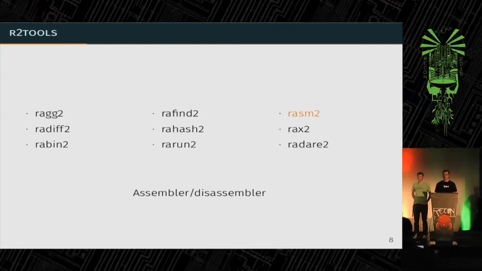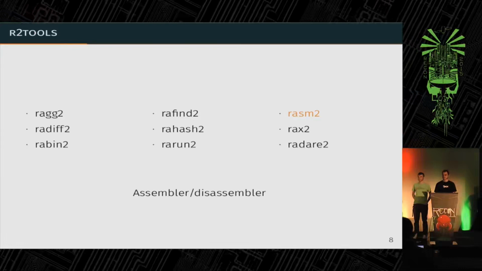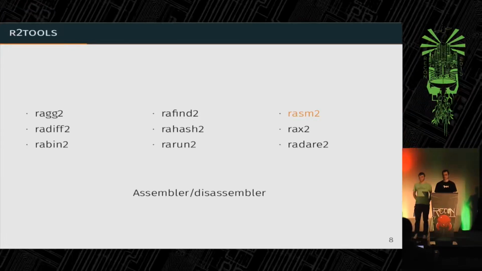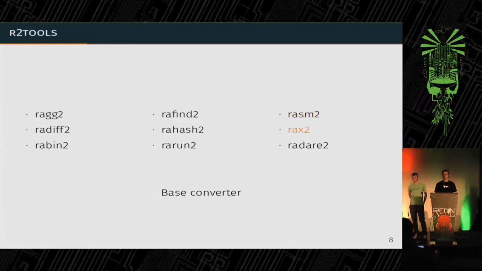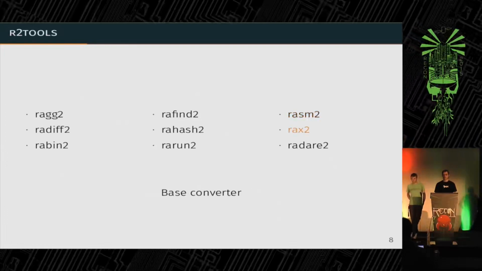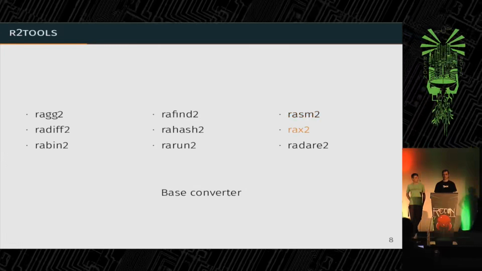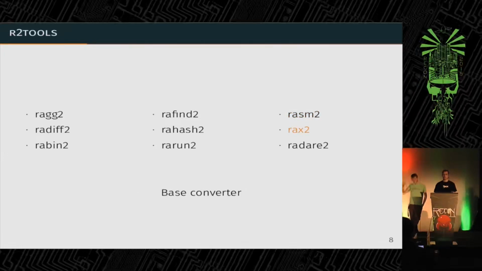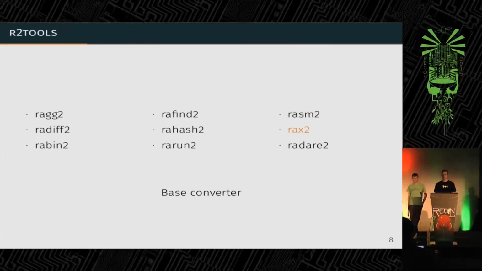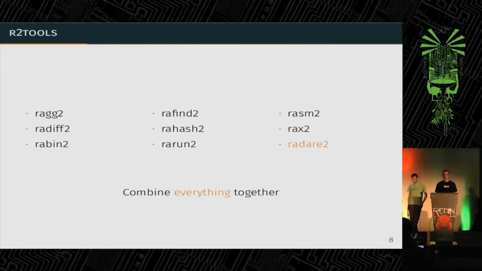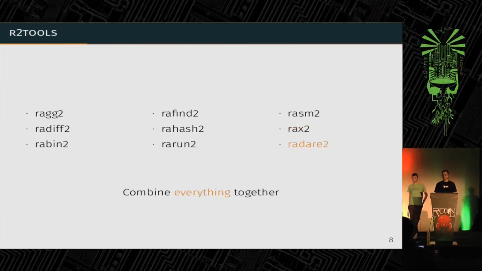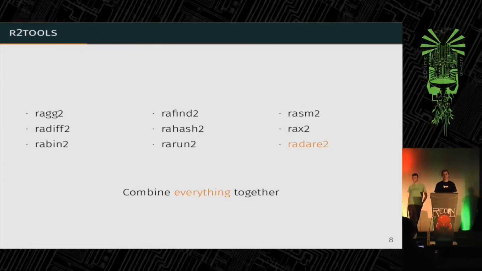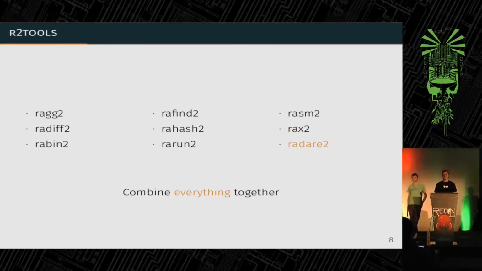I'll explain later. It's pluggable, so if R2 does not include the architecture that you like, it's very easy to add a new CPU module. Rax2 is some kind of calculator because you may be tired of spawning a Python shell every time you want to have a hexadecimal value and a decimal value, so just use rax2. And Radare2 basically combines all of the previously mentioned tools into one hopefully useful CLI.